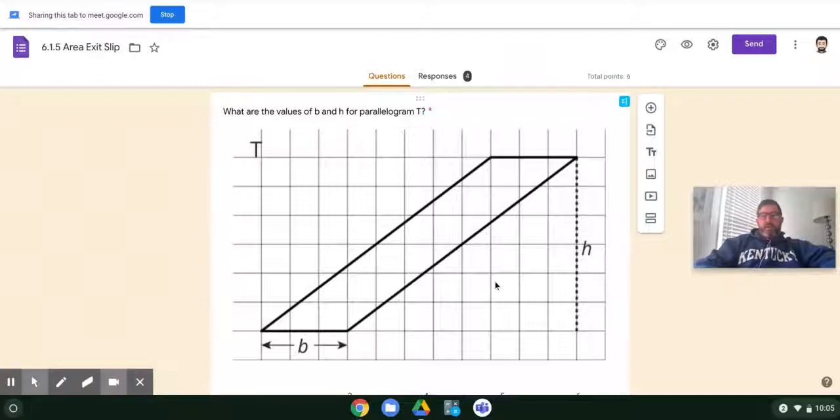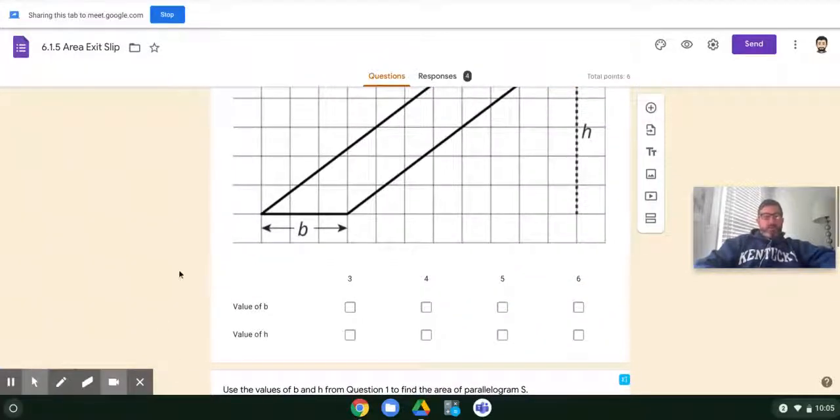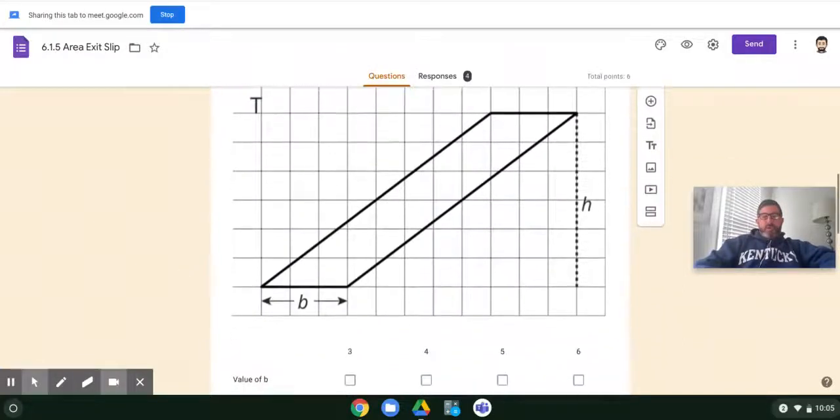Three, that's right. What about the height here? 6, that's right. Good job. And again, we found those just by counting the number of squares.